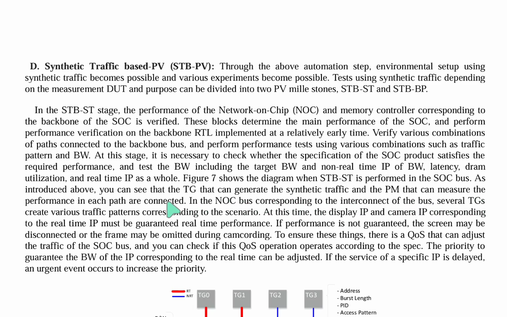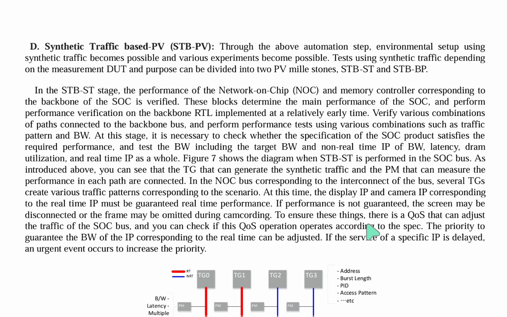Several TGs create various traffic patterns corresponding to the scenario. At this time, the display IP and camera IP corresponding to the real-time IP must be guaranteed real-time performance, and if the performance is not guaranteed, the screen may be disconnected or the frame may be omitted during camcoding.